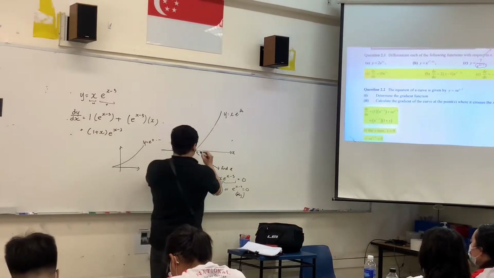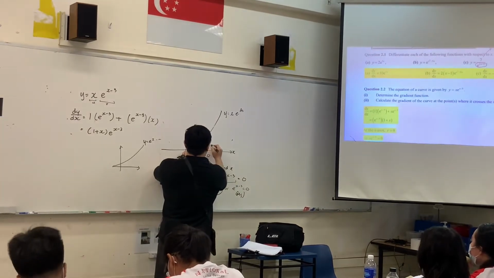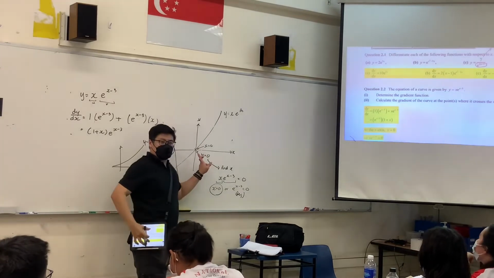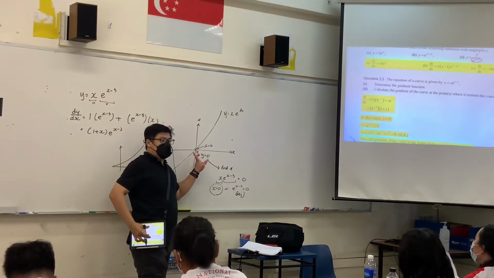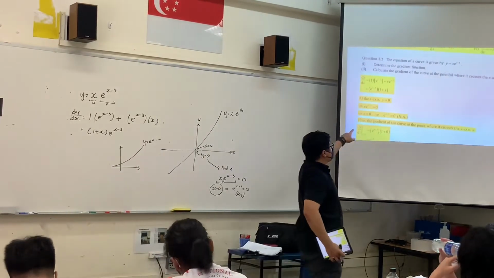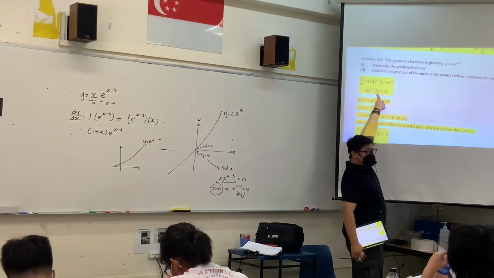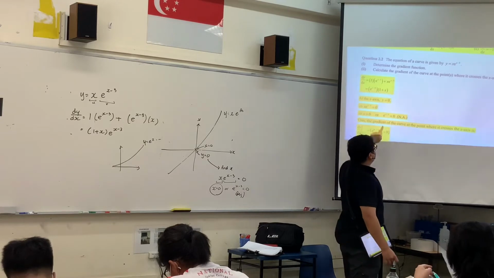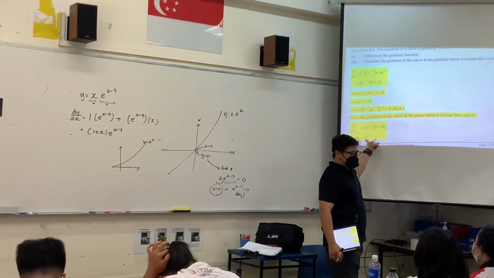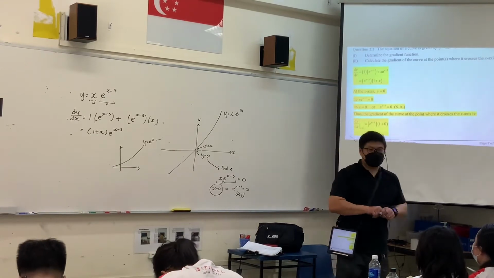What does it tell you? At this point, x is equal to 0, so this is actually the origin. So far, okay? So from here, you just need to sub x equals to 0 into dy/dx. The gradient at the point where it crosses the x-axis, you sub x equals to 0 inside, then you will get your dy/dx.